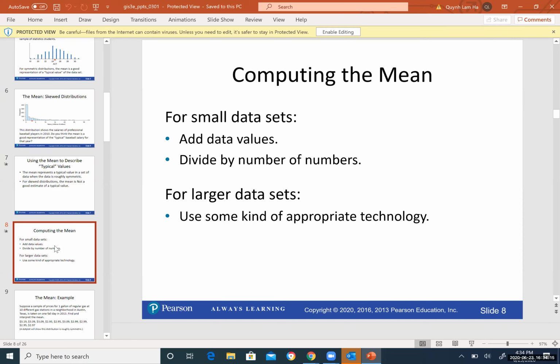If you're talking about baseball players, they're making money like 1 million, 2 million, 3 million. You add all the millions together, but you still divide by 5 only. You will get an average. That is how you compute the mean for a symmetric distribution.